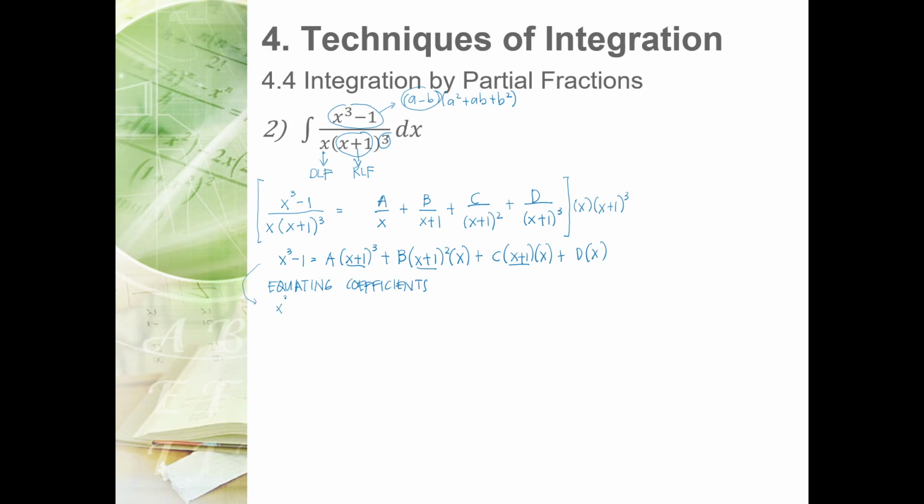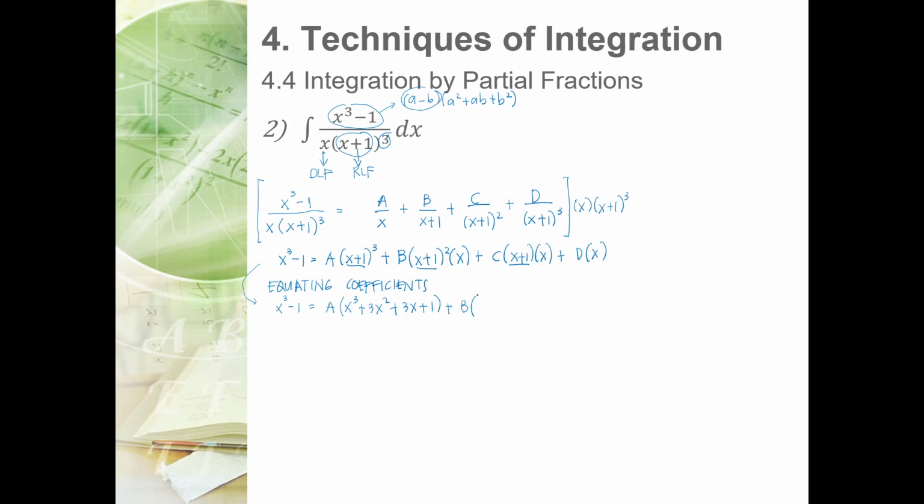Expand, expand, expand before we even try to equate the coefficients. For a multiplied by x plus 1 cubed, if you don't know how to expand this, try remembering Pascal's triangle. So x cubed plus 3x squared plus 3x plus 1.